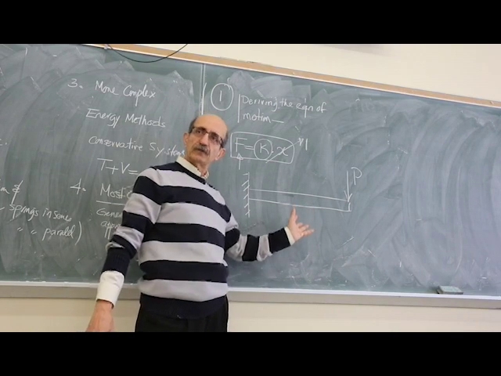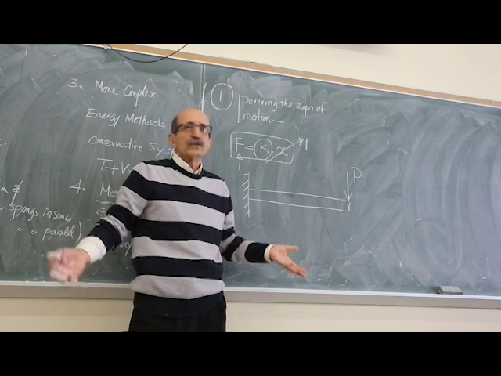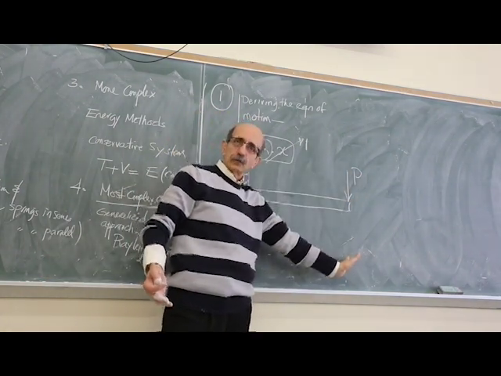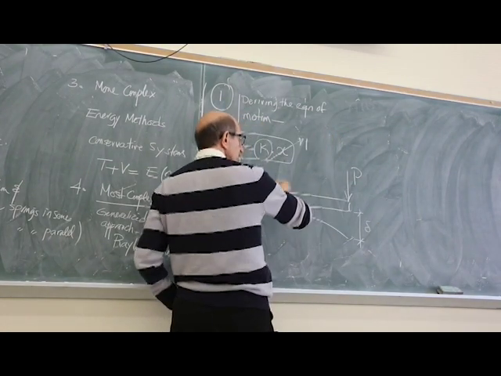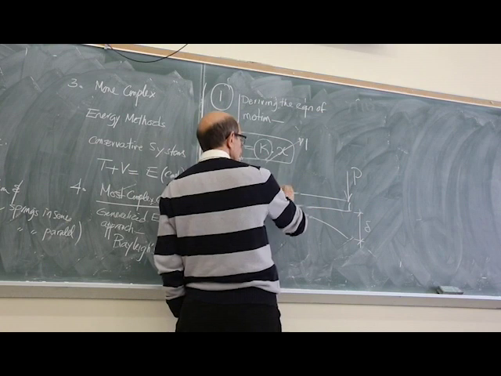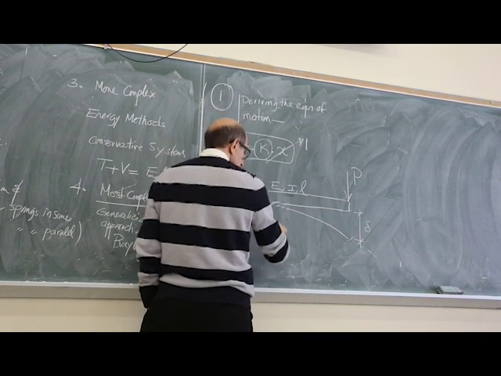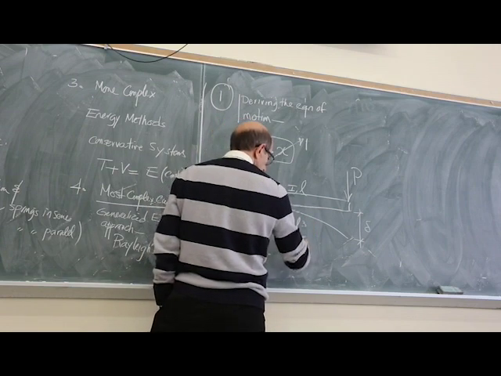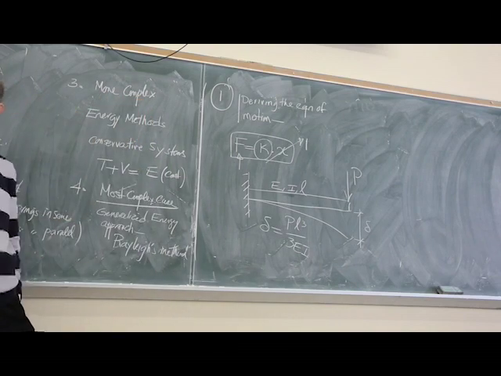So in other words, this beam is acting like a spring, just resisting the deflection in the direction of the force. If you have all the geometric and material properties of this beam, you can write that the displacement is PL cubed over 3EI.